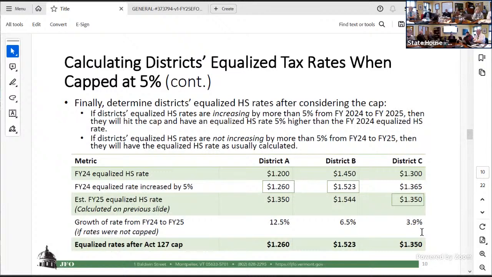So yes, Representative Sims, as we can see in District A and B, the equalized rate will not be reflective of their spending per pupil decisions because it's capped, in which case there's that remainder that needs to be made up elsewhere.